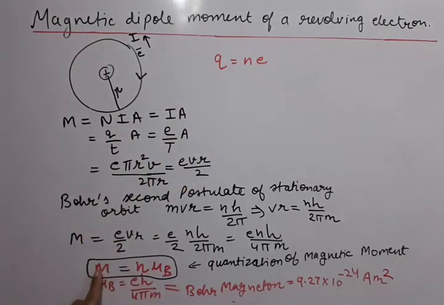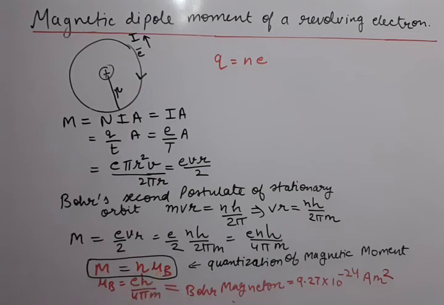In the same manner, we have got m equal to n mu B. Because n is appearing in the equation, which is an integer, we will call this quantization of magnetic moment. So magnetic moment can be only in terms of mu B, 1 mu B, 2 mu B, like that.